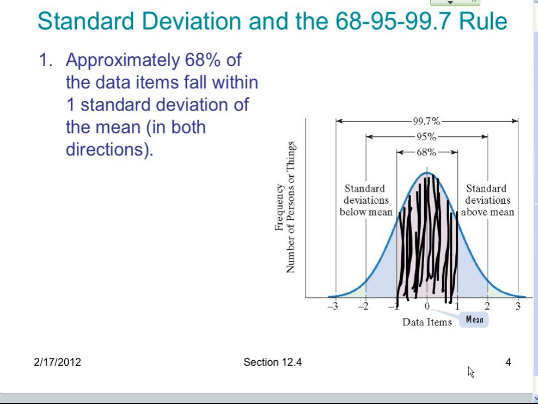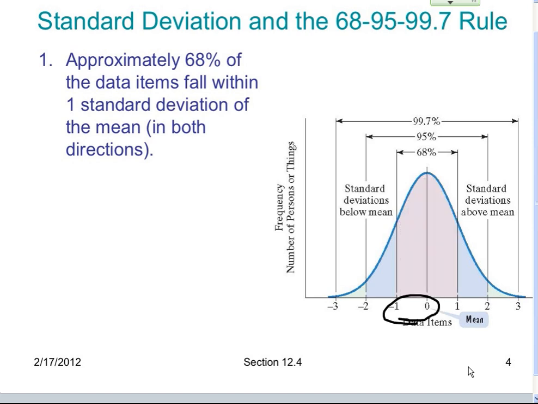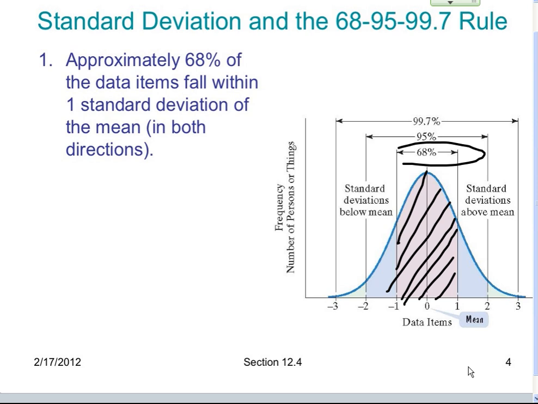And if we just look at one standard deviation below and one standard deviation above, then this portion right here will account for 68% of all the numbers in this data set.